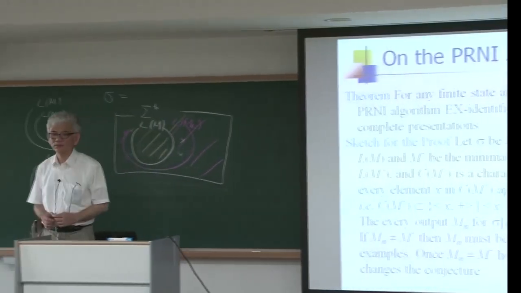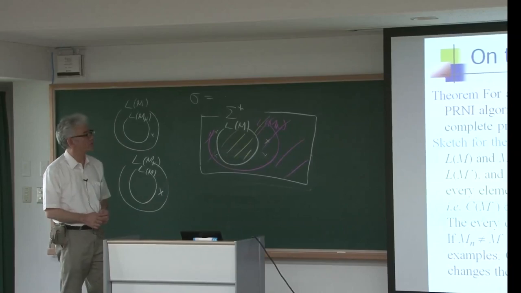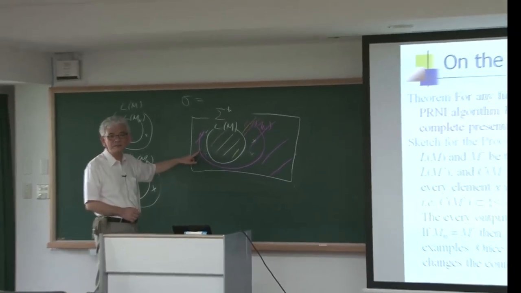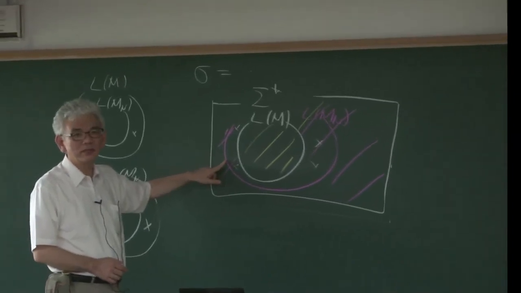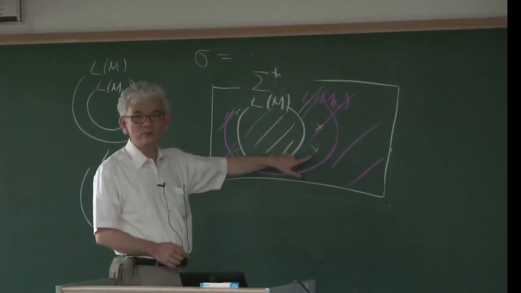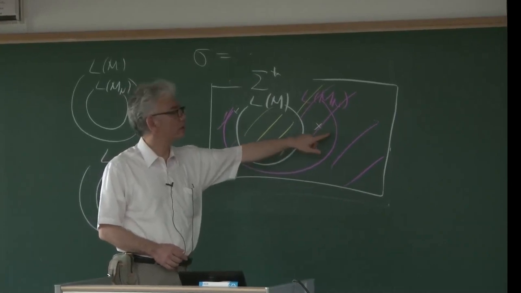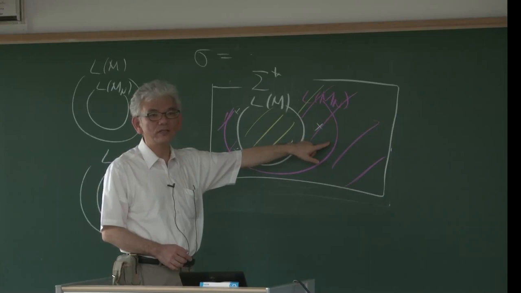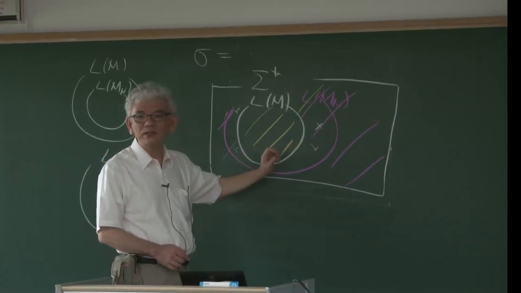All that I would like to explain is that if the output is overgeneral, then a negative example, which shows that the hypothesis is overgeneral, comes eventually.